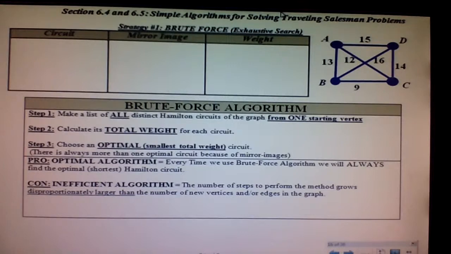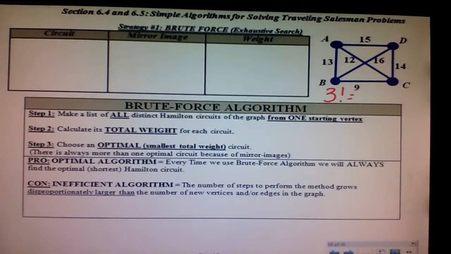So take a look at this one. This is a complete graph with 4 vertices. So how many Hamilton circuits should we have? 4 vertices, each has a degree of 3.